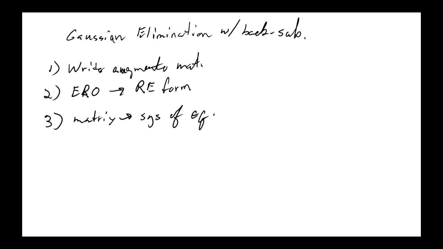And you do that using back substitution. Write the system of equations corresponding to the matrix in row echelon form. Use back substitution to find the solution. So this is where the back substitution comes into play.